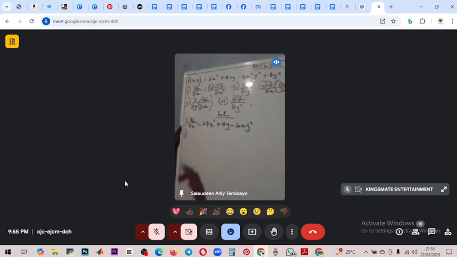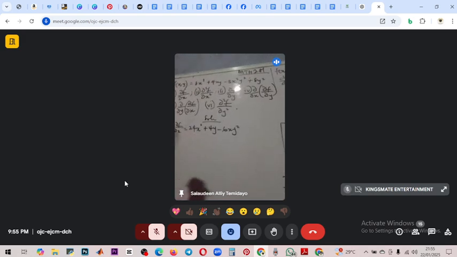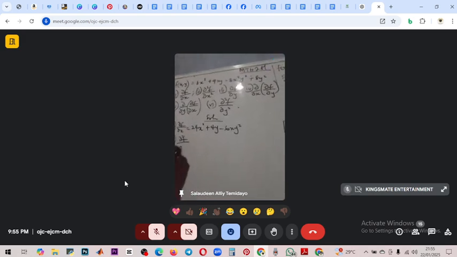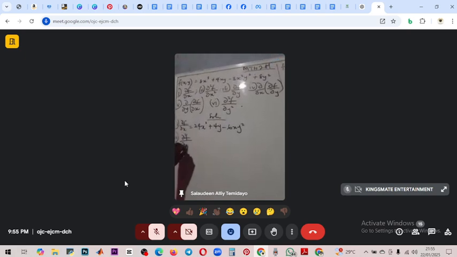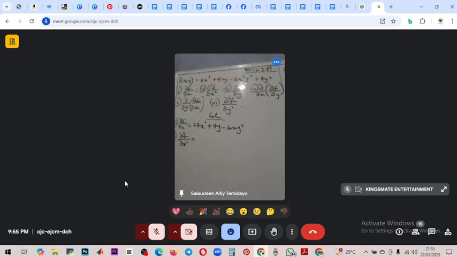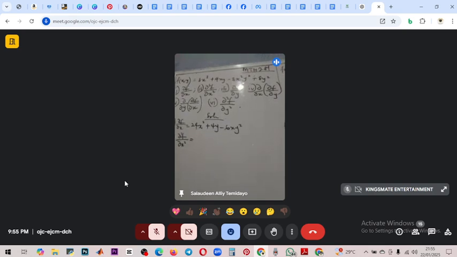Please, what is the derivative of any constant? 0 everywhere. Whenever you treat something as a constant, it means you are taking it as a number, something that's not changing. It's not a variable like x and y.